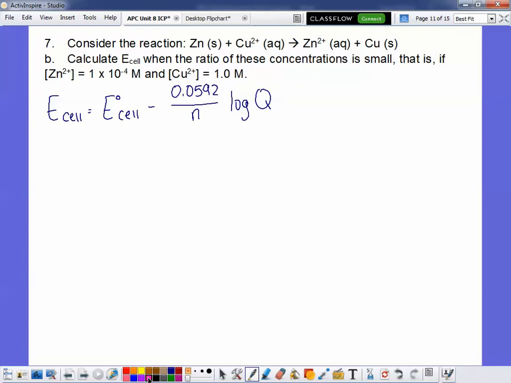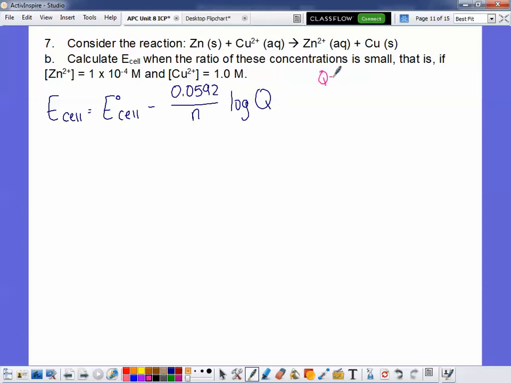Can Q ever be negative? No, because you can't have negative concentrations. Q will be greater than or less than 1, right? Or I guess it also could be 1. When Q is 1, what happens to this whole term? It's 0.